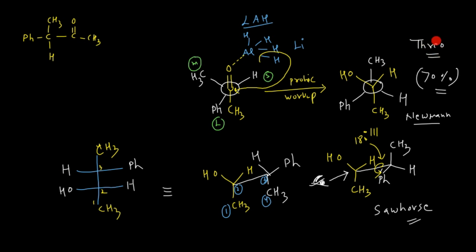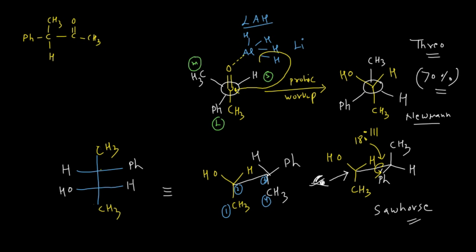This is the threo nomenclature, right? And if you want to give the configuration to each center, then you can write the configuration as well. So let me tell you, see how many chiral centers are there. To know the chiral centers, I need to remove this numbering.